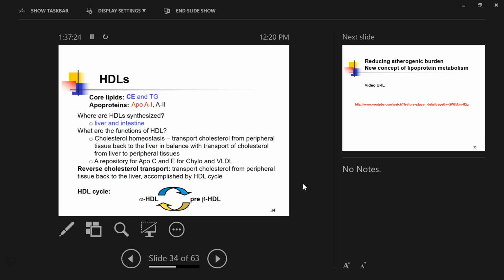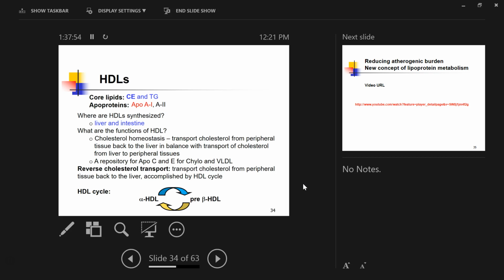One important concept in terms of HDL function is so-called reverse cholesterol transport. Reverse cholesterol transport means transporting cholesterol from peripheral tissue back to the liver, and this is accomplished by the HDL cycle.